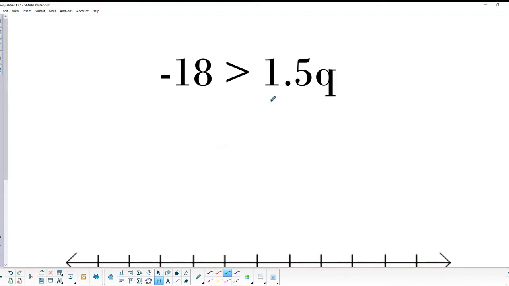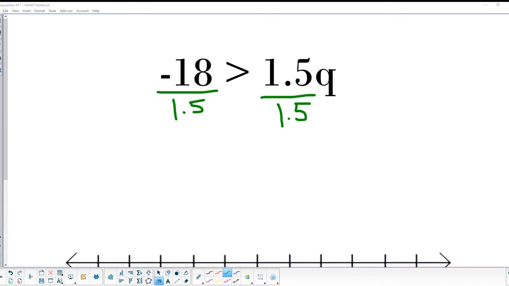Well, this one's a little different because we are not dividing by a negative number. We're dividing by a positive 1.5. So then all we have to do is figure out how many times 1.5 will go into 18.